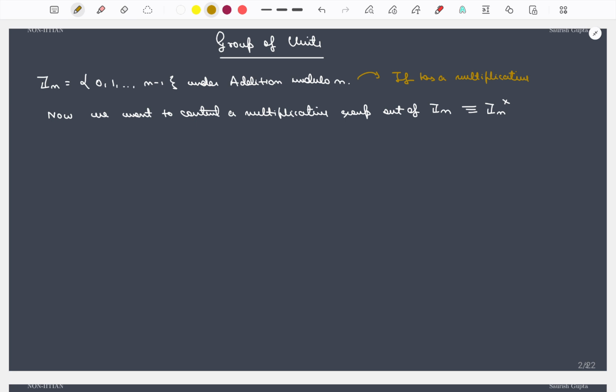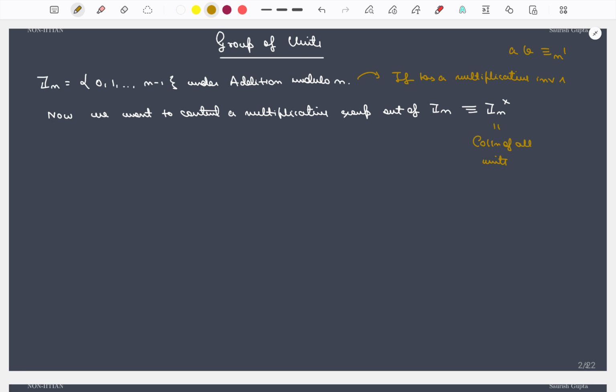So if for an element a I have some element b such that ab is congruent to 1 modulo n, in that case we call that element a unit. So this is in some sense the collection of all units.